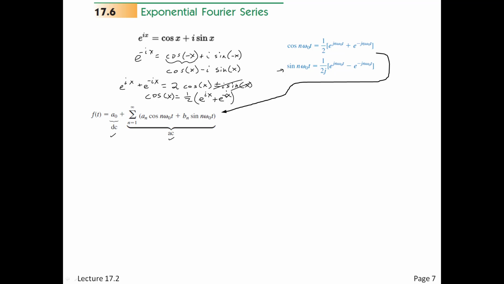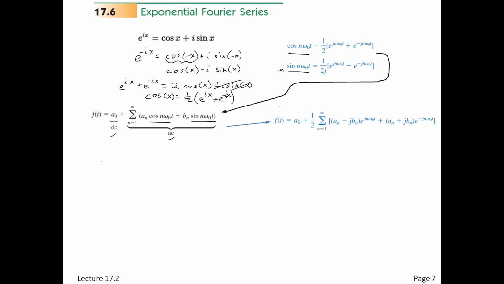All we're going to do is plug in. We have cosine n omega t, sine n omega t. Down here we have cosine n omega t and sine n omega t. So we're going to plug that in. And there it is, all stretched out like that. Okay?